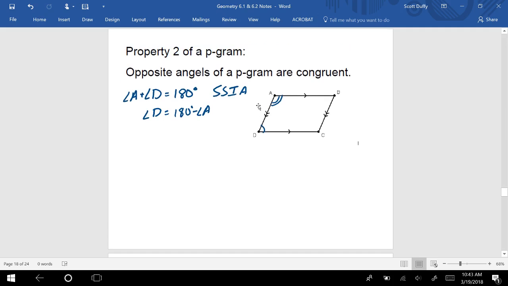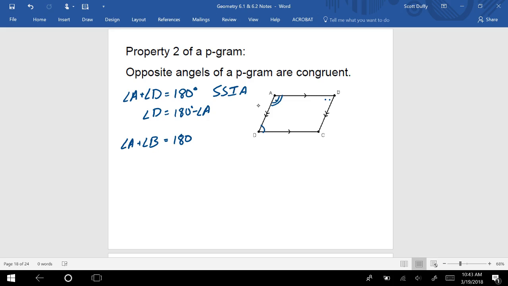I can also say that angle A and angle B equals 180 degrees. So angle A and angle B, these two, because they're also, if I were to turn this sideways, it might be easier to see.